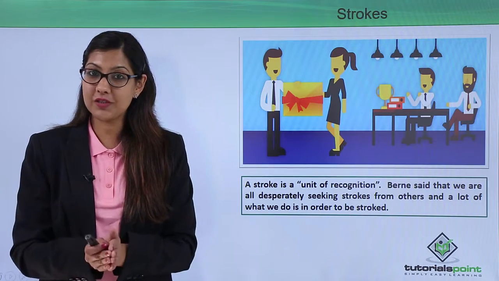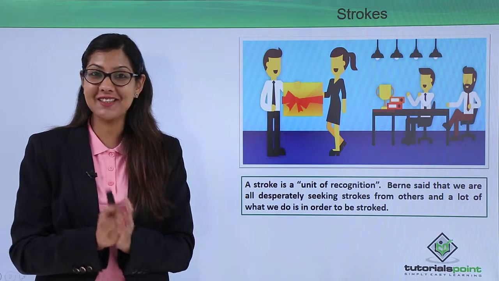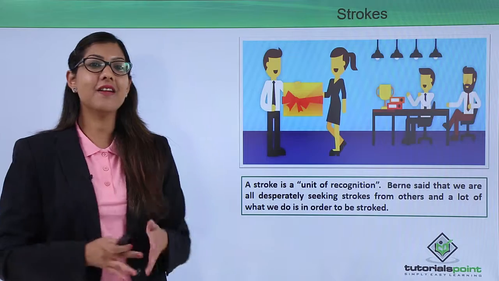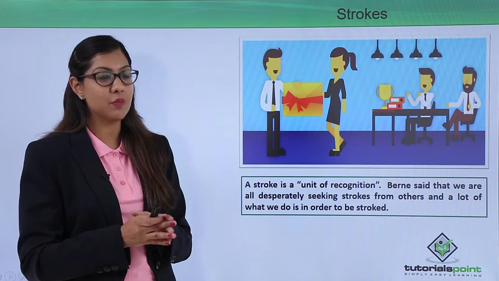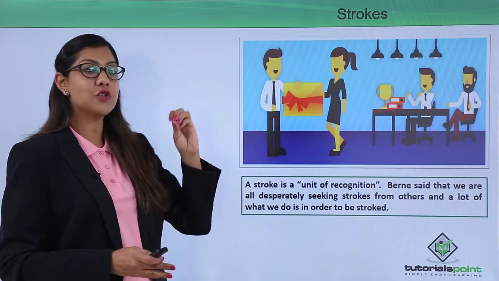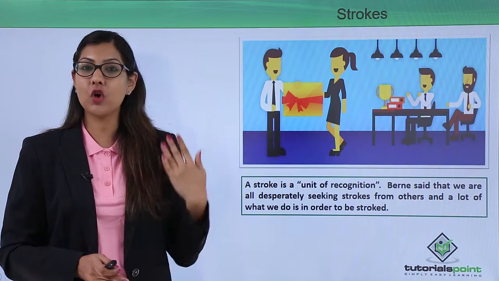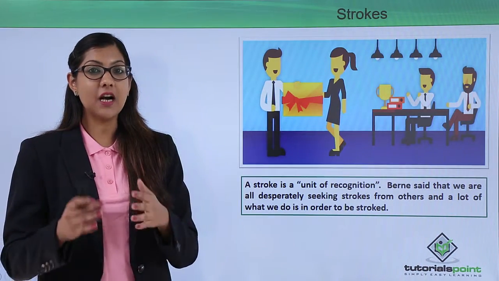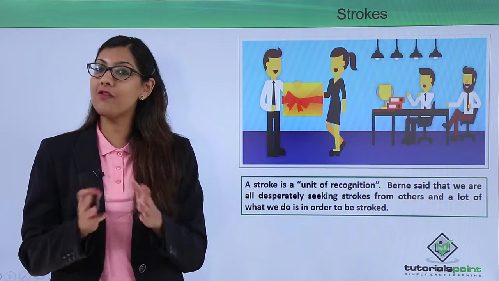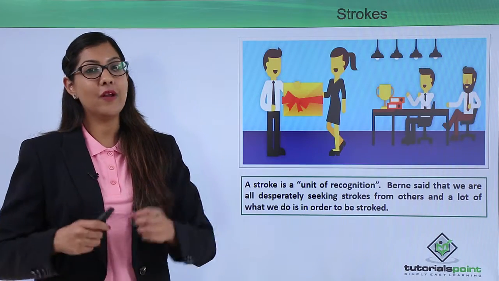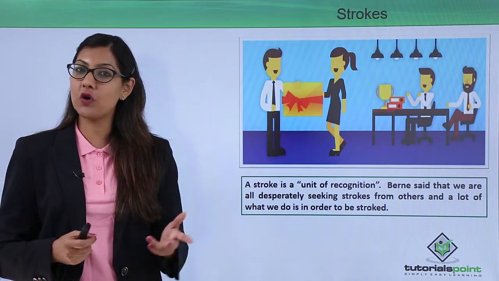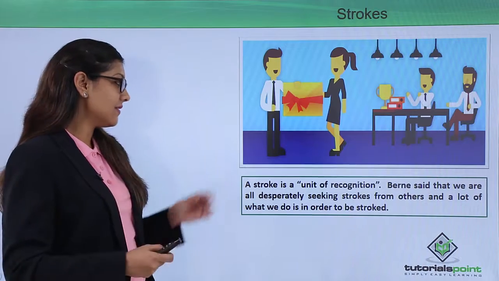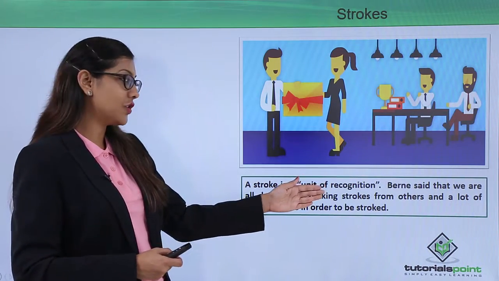Well, what are strokes? Now, stroke is a medical condition definitely, but here in this Teaching Skills for Educators module, we are looking at a stroke as a kind of pat on our back. It is basically a motivation factor, and all of us like to be motivated when we are experiencing a reward or a recognition. So a stroke is a unit of recognition.